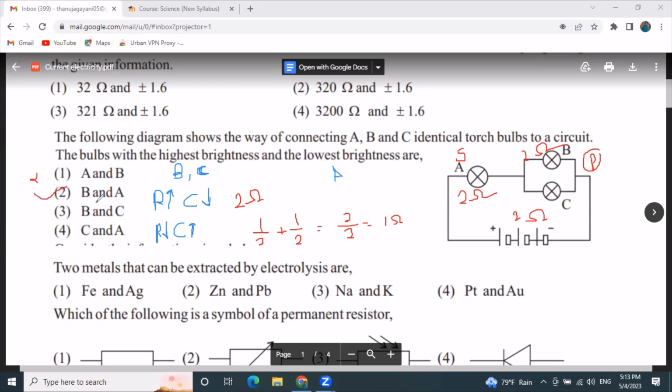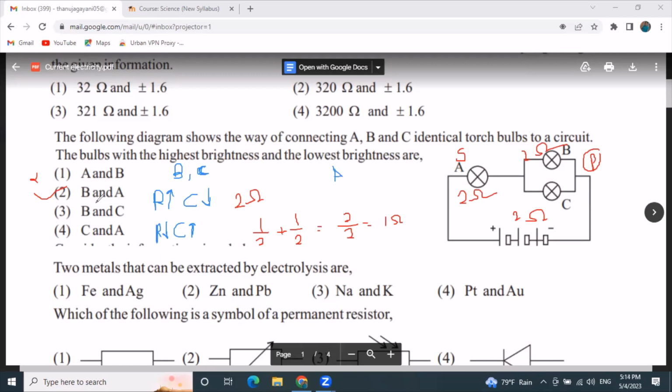B and C, third one. B means the resistance is low, then the current flow through the conductor is high, then the brightness is increased, higher. But the C means it's also connected in parallel method, then the brightness of the bulbs B and C are equal. So the third answer is not correct.